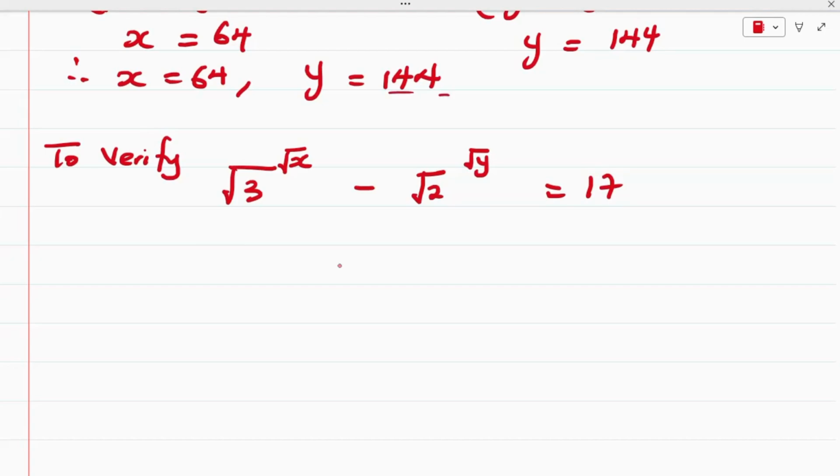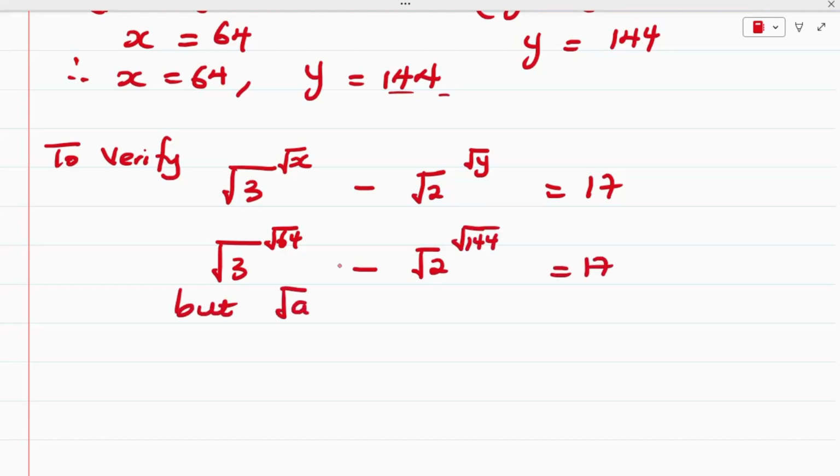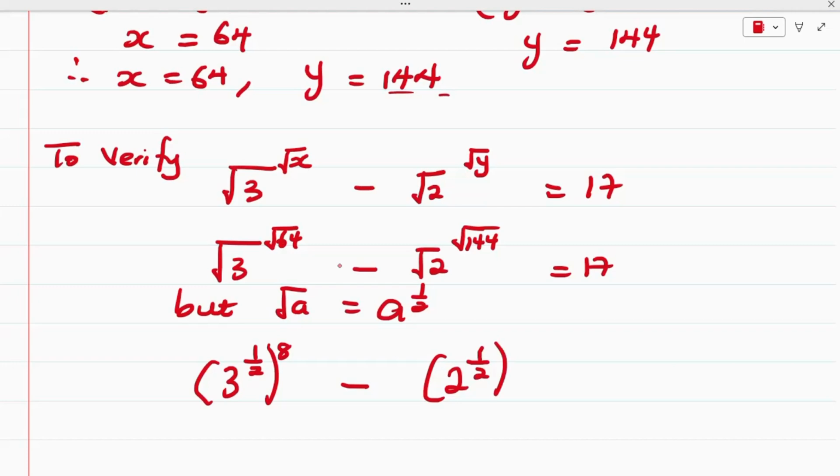But we know that the root of a is equal to a raised to the power of 1 over 2, right? So we have 3 raised to the power of 1 over 2, raised to the power of the root of 64, which is 8, minus 2 raised to the power of 1 over 2, raised to the power of the root of 144, which is 12, and this is equal to 17.